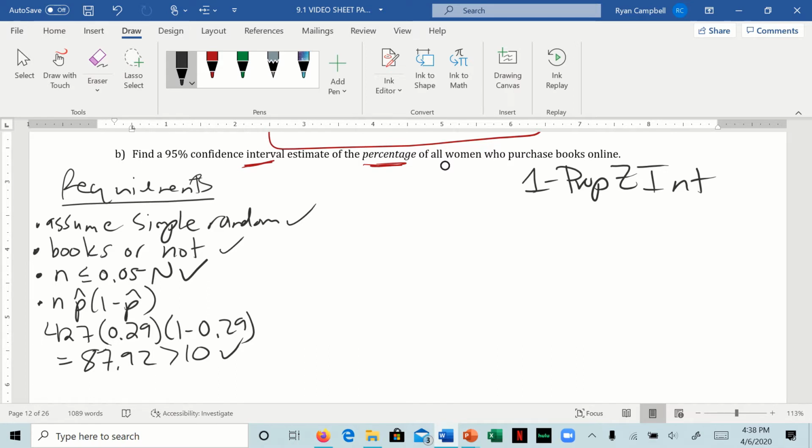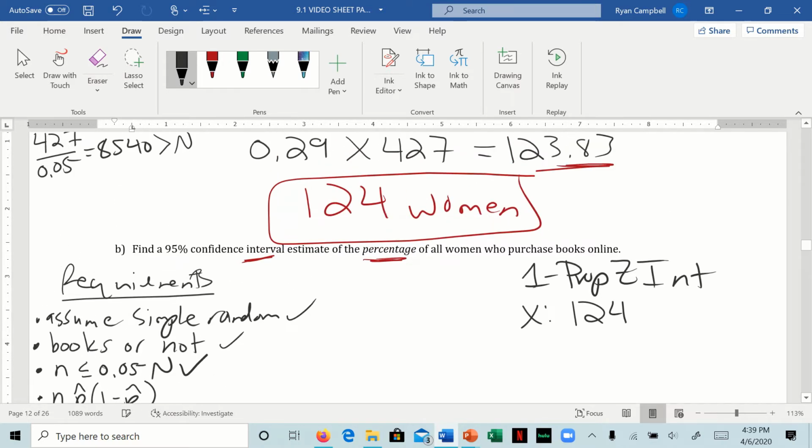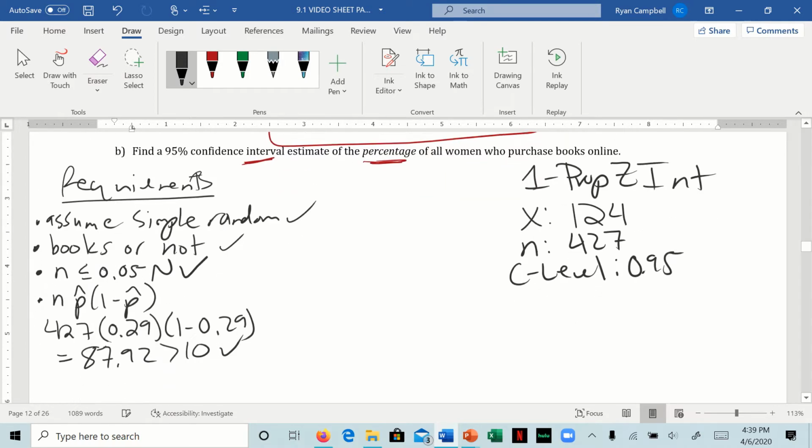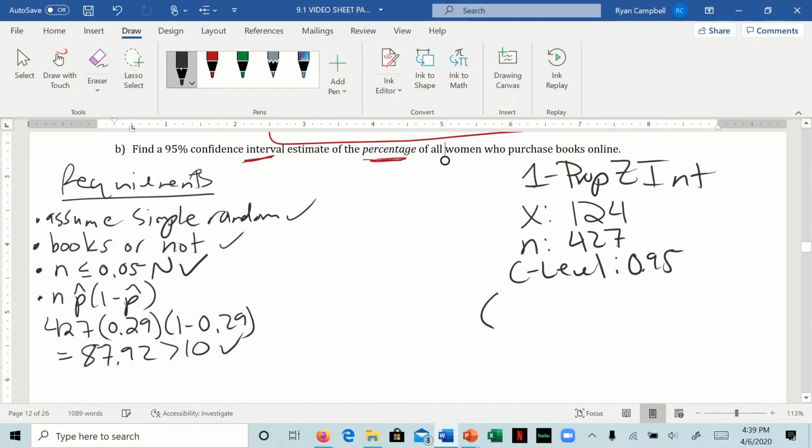So let's do one prop z int. We see x is going to be 124, right? It's a whole number. We already figured that out from part A. n is 427. The C level is 0.95. So when we hit enter, we end up seeing 0.24734 and 0.33345.